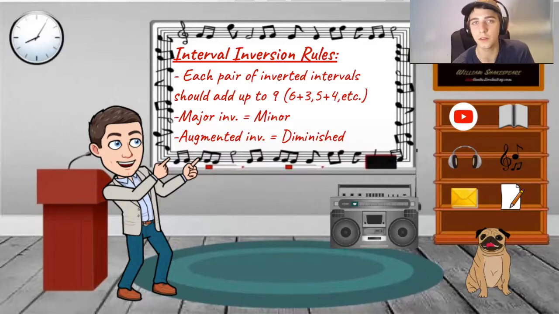So if you invert that major sixth that we were talking about, it turns into a minor third. But really, the two notes that you're comparing are the same note names, but they're just flipped, so they're different pitches. And the same is true for augmented and diminished intervals that we invert. If you invert an augmented interval, it becomes diminished, and vice versa.